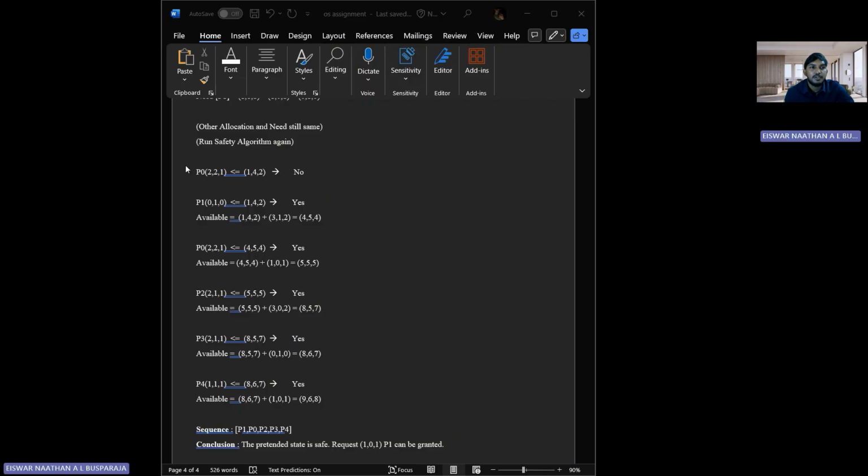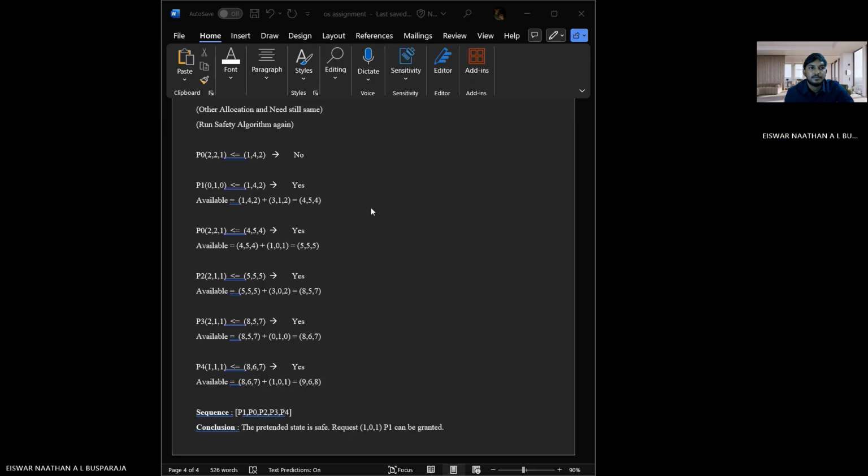Here we can see that process 0 is no, so we have to check the next one, P1. For P1, it is yes, so we add to the available.